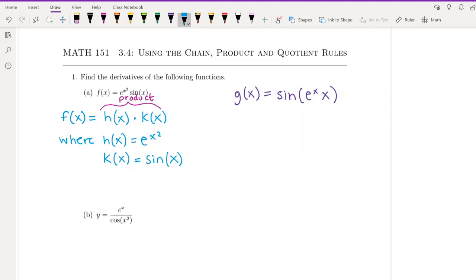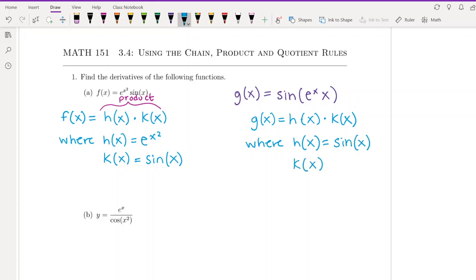If you were to try to find two different functions that when you multiply them together, you get g of x, you just wouldn't be able to do it. You might guess, okay, maybe g of x is equal to h of x times k of x, where maybe you'd guess h of x is equal to sine of x, and maybe you'd guess k of x is equal to e to the x.